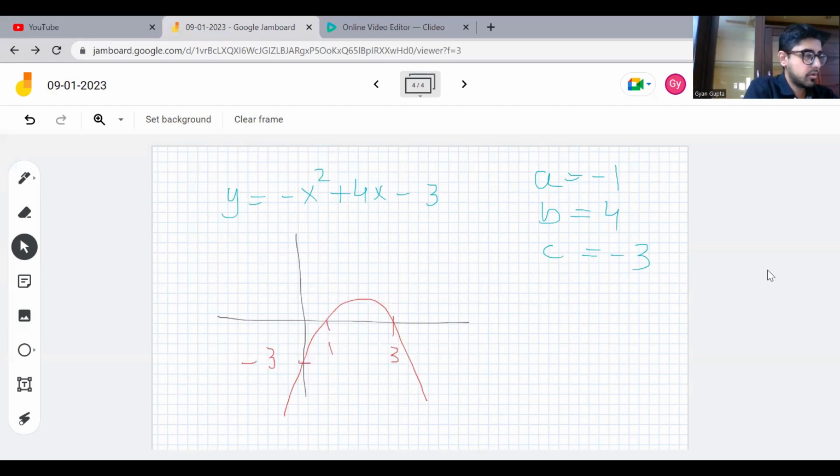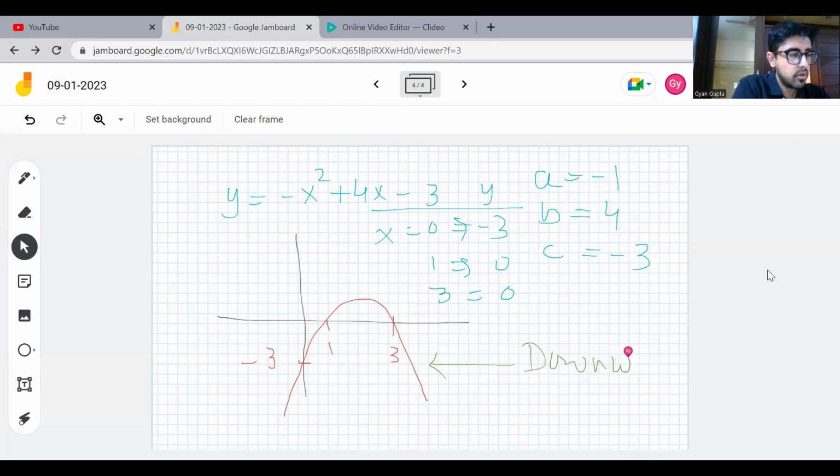We can verify it here by putting x is equal to 0, y is minus 3, x is equal to 1, y is 0, x is equal to 3, y is 0. This is again called a downward parabola. Again, these are called the zeros or the roots. The downward parabola is because here the value of a is negative.